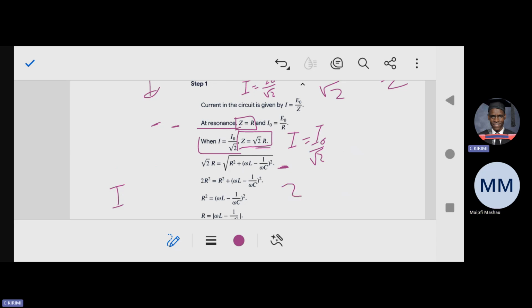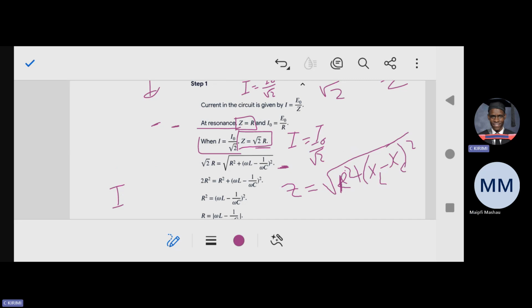So Z is equal to the square root of R squared plus bracket XL minus XC, everything squared.